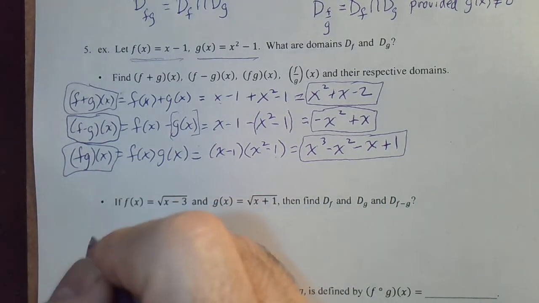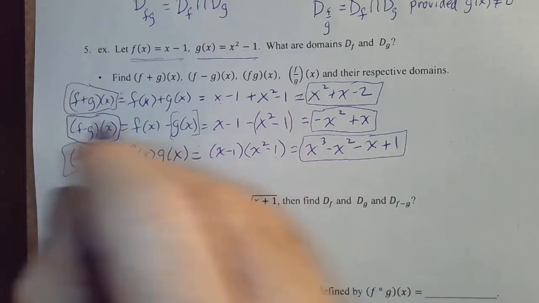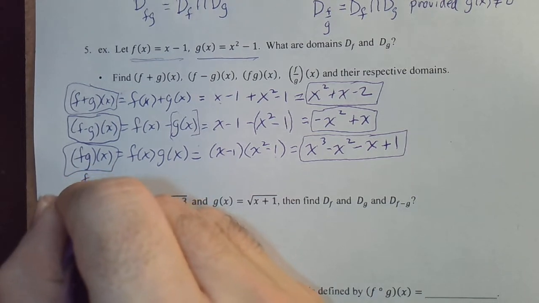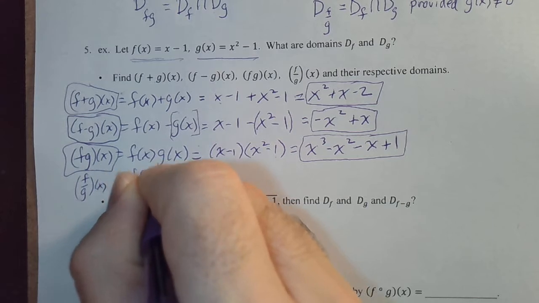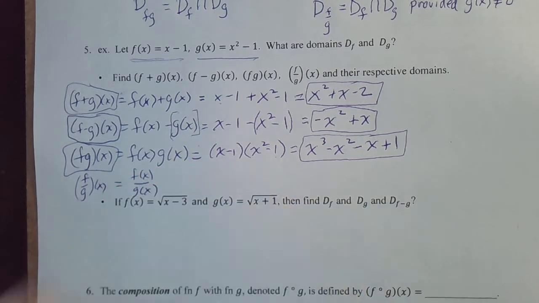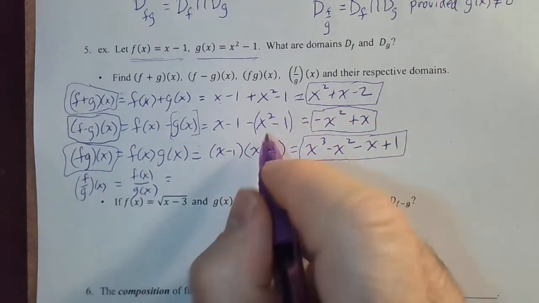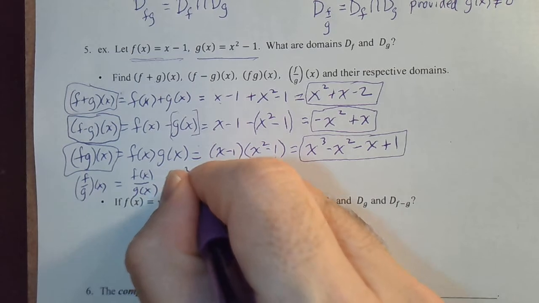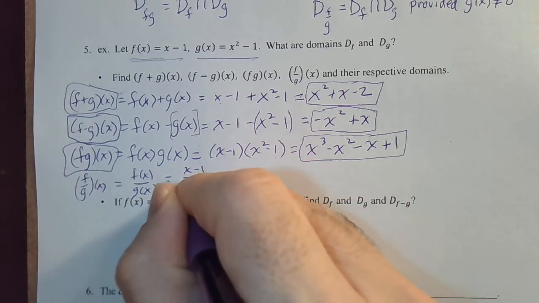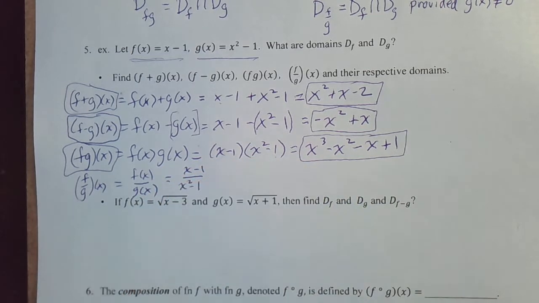All right, now, last one. F over g of x is equal to f of x over g of x. Well, that's equal to x minus 1 on top, x squared minus 1 on the bottom. And that's correct, but it's not simplified.